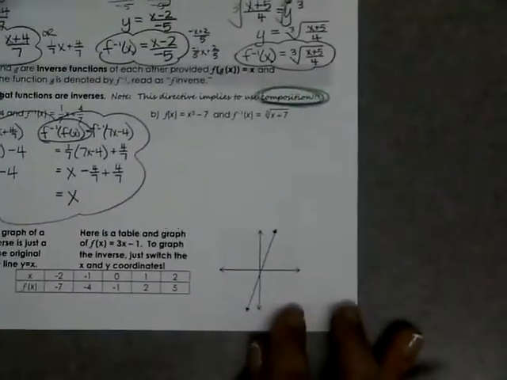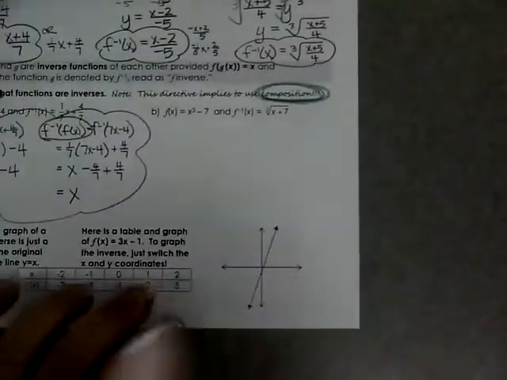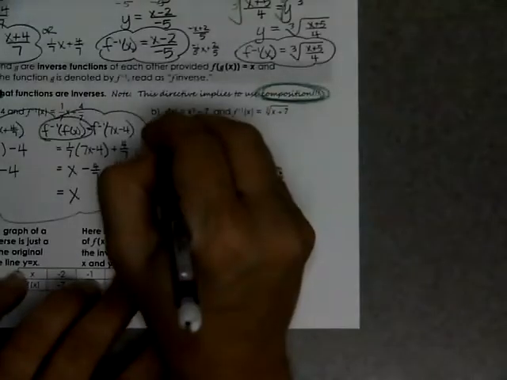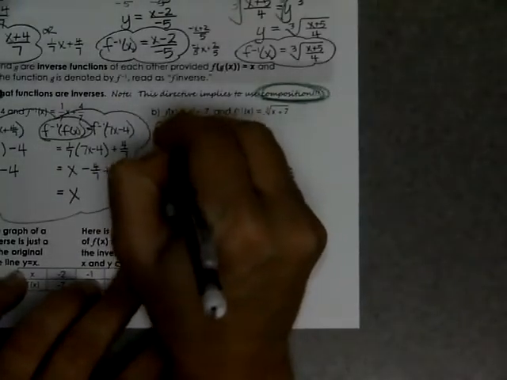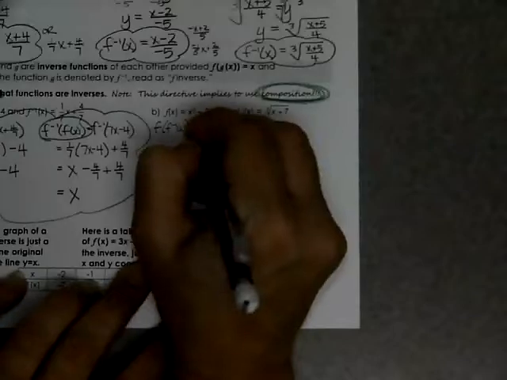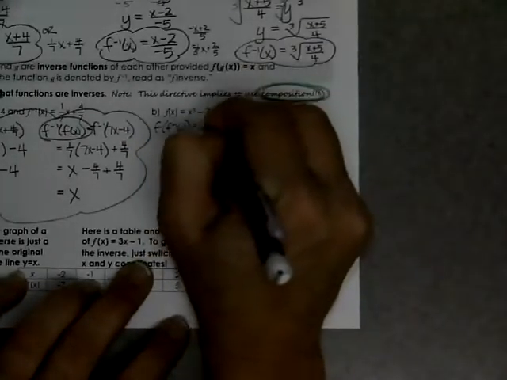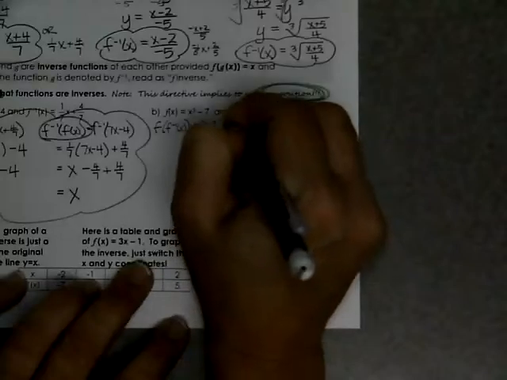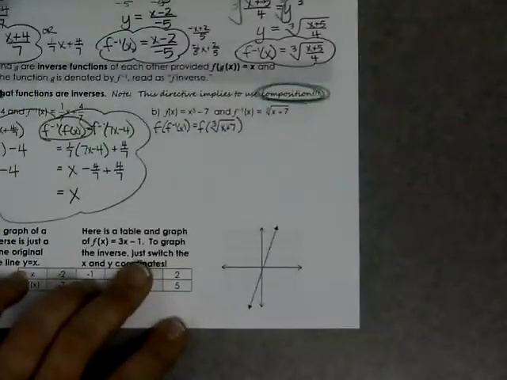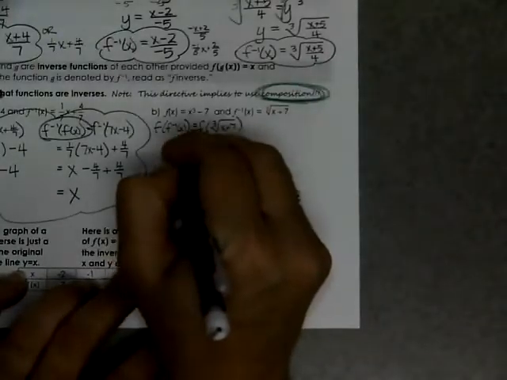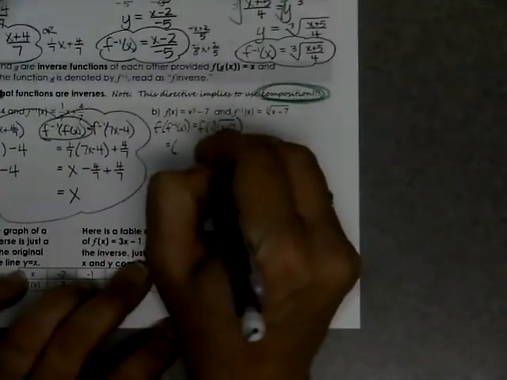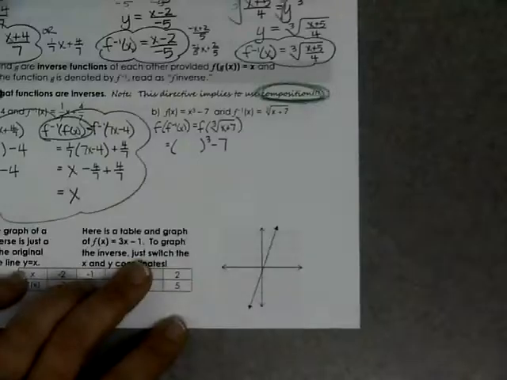Let's try the same thing in letter B. We can do this with nonlinear functions. Again, we'll start with f of f inverse of x. That means we're going to take f of the cube root of x plus 7. The rule for f of x is that we're going to cube something and then subtract 7.